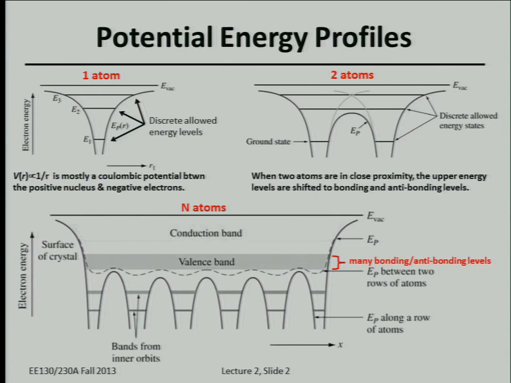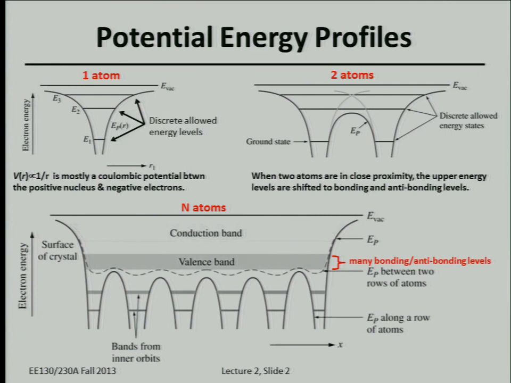From physics, you know that there are only certain allowed energy levels that the electron can have when it's orbiting around the nucleus. So that's the situation for a single atom. If you bring another atom close by, then the potential of one atom can start to affect the potential profile in the other atom.